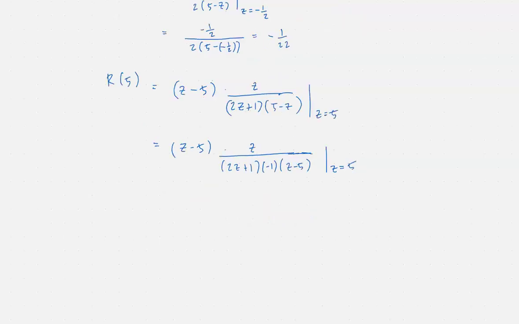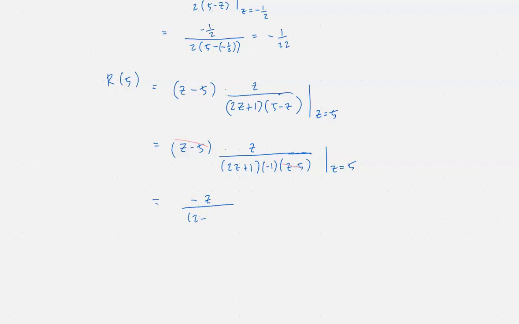Okay, and we are left with a negative here, so we can put that above: negative z over 2z plus 1 evaluated at z equals 5.